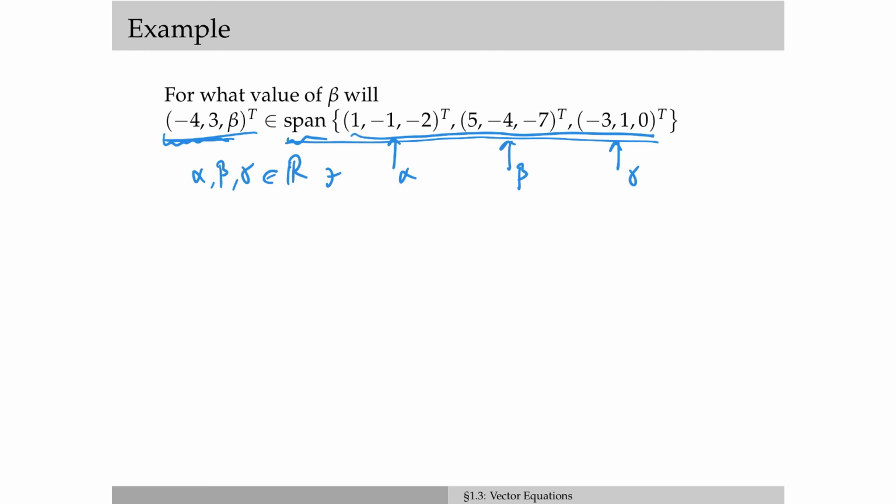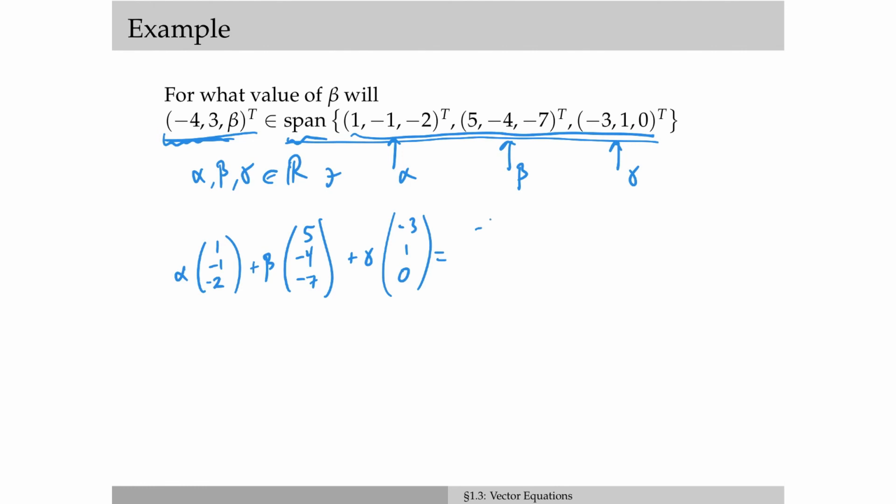So I have alpha (1, -1, -2) plus beta (5, -4, -7) plus gamma (-3, 1, 0) must equal (-4, 3, beta).